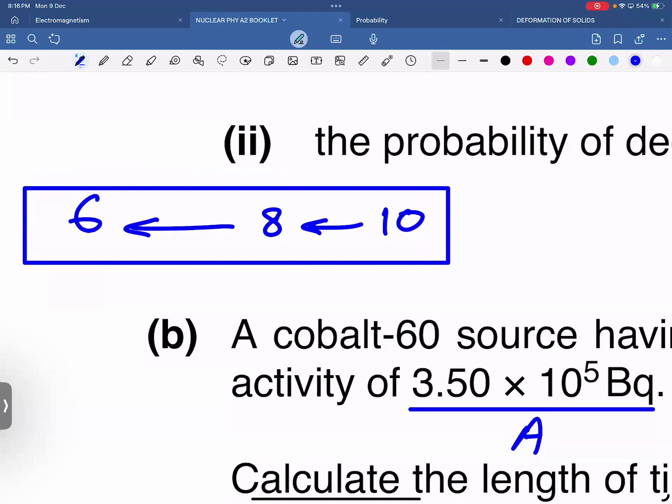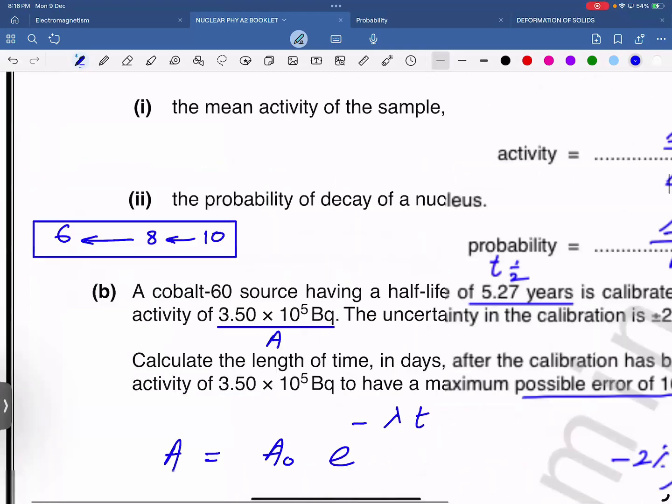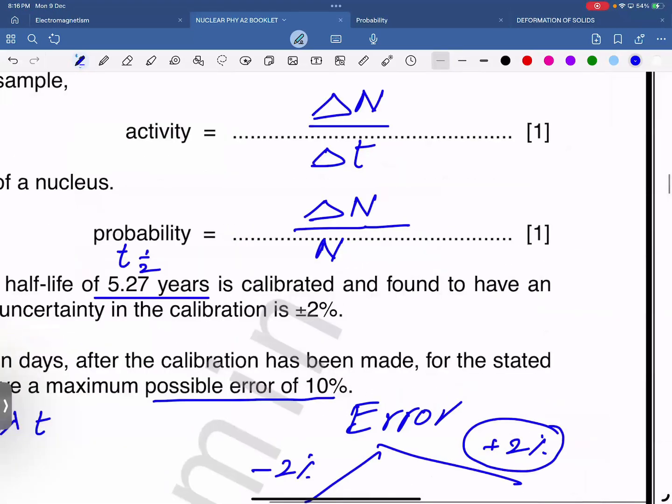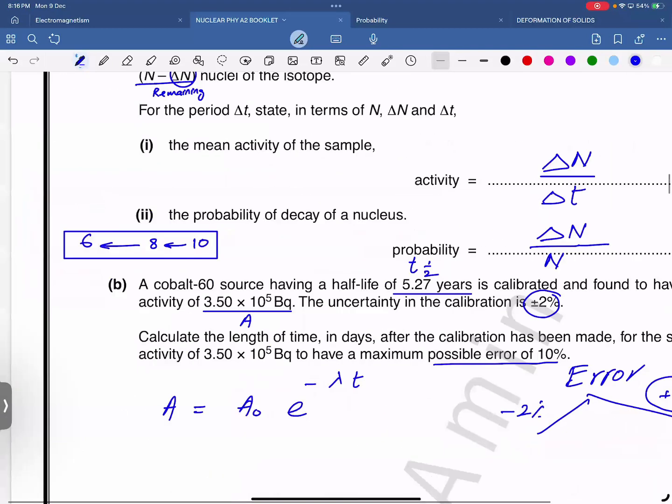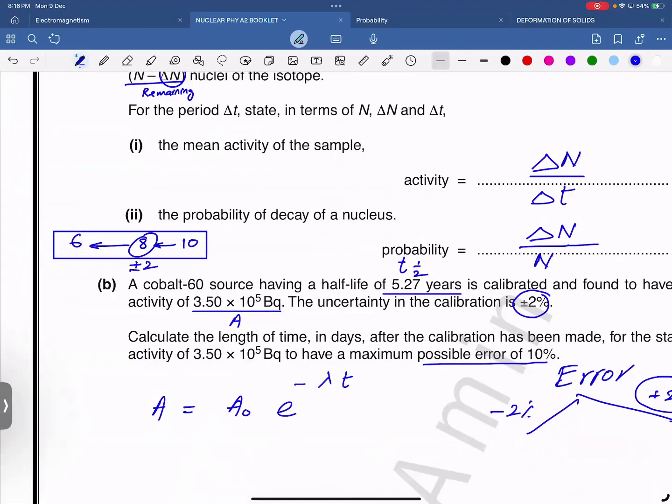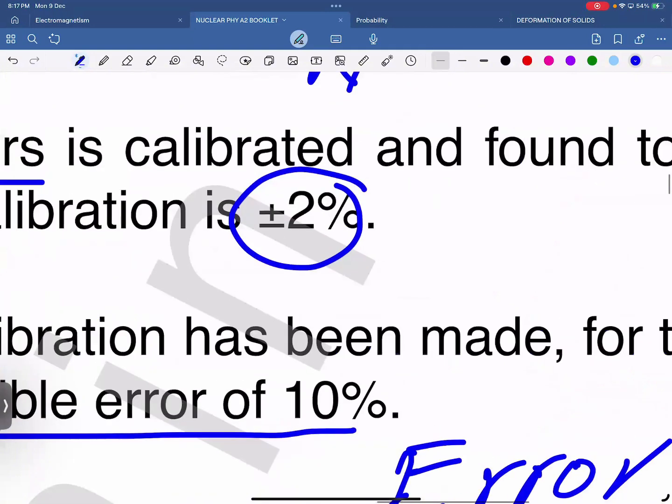See how I am relating it. First, I'm relating the plus minus 2%. There is a central value which has plus minus 2%. What central, true value will give you a maximum of 10%? 8. Your uncertainty is 2.